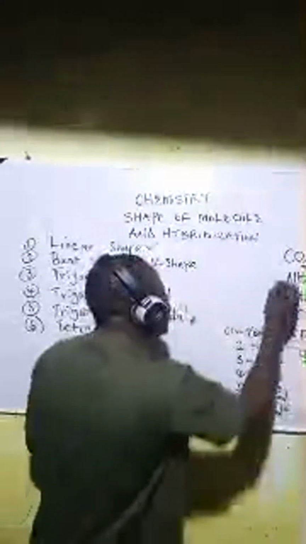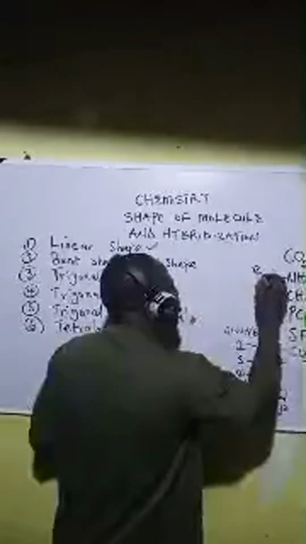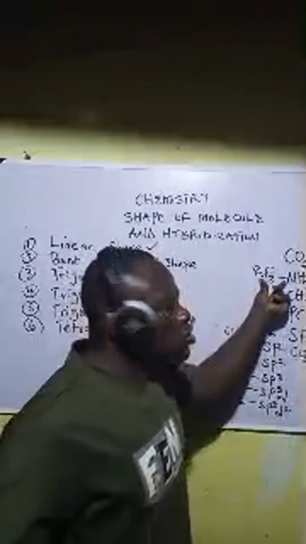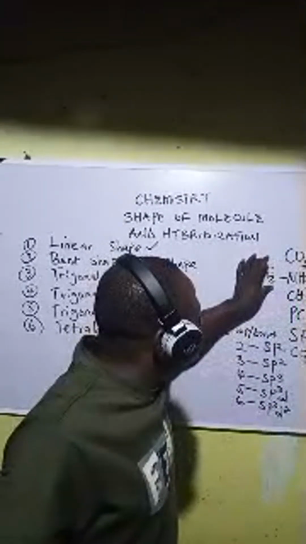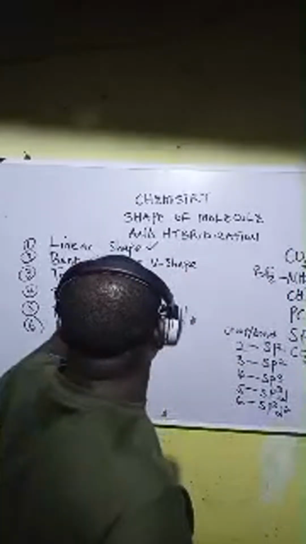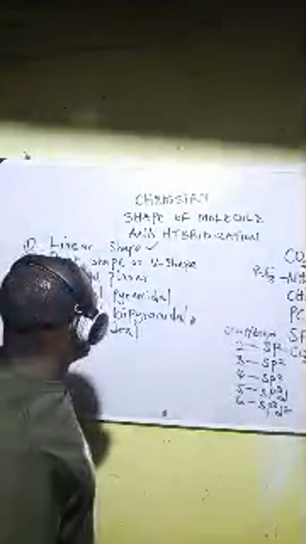You can see another example where we have boron trifluoride. There are three what? Three atoms of fluorine. So anyone that has three atoms like this will fall under trigonal planar. Now, I hope you are following.